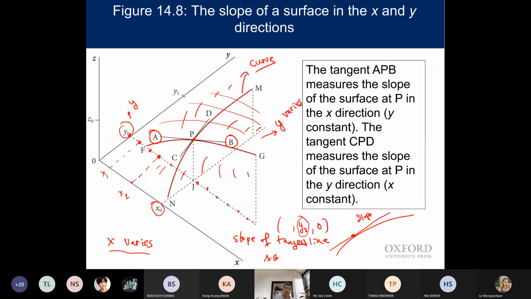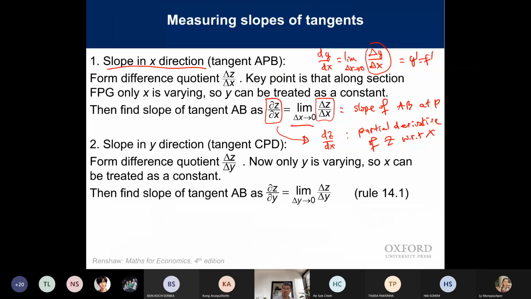If you begin with a different y, let's say y1, you come up with a different tangent or a different curve, and that will be a different slope, right? So here we focus on the point x0, y0, and then you just vary x and let y be a constant at y0, and in this case you come up with the concept called the partial derivative of the function with respect to x.